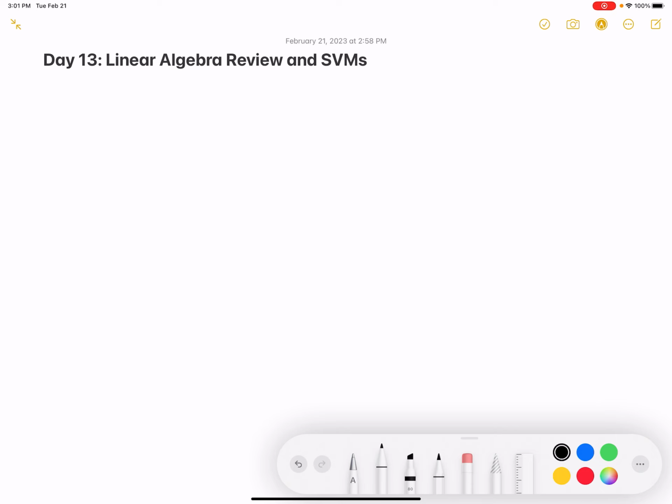So for example, this is a matrix that has dimensions 2 by 3: 2 rows and 3 columns. Why do we care about matrices in computer science and in machine learning? Well, matrices can represent many things.